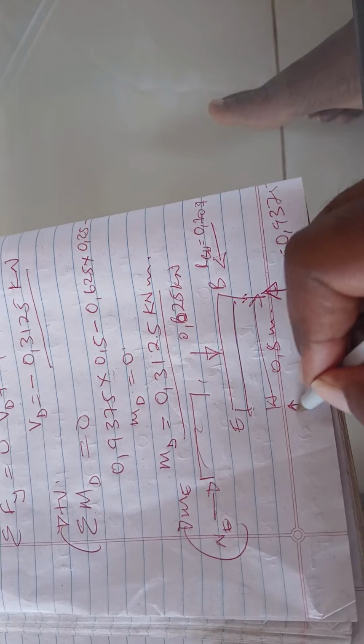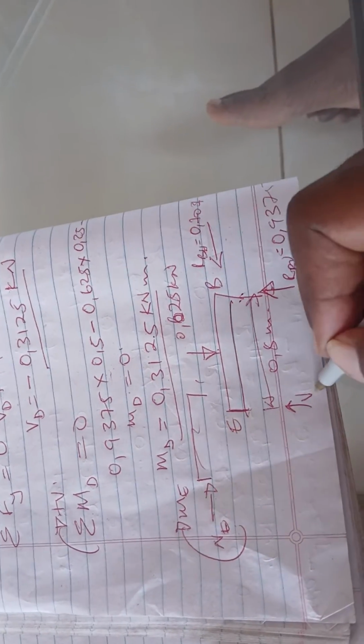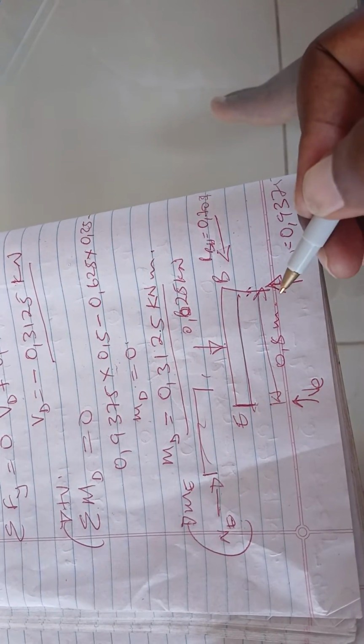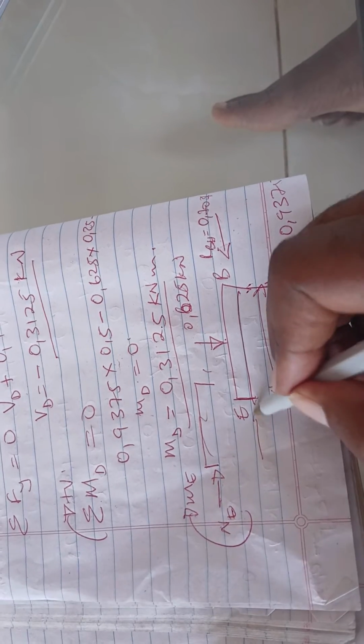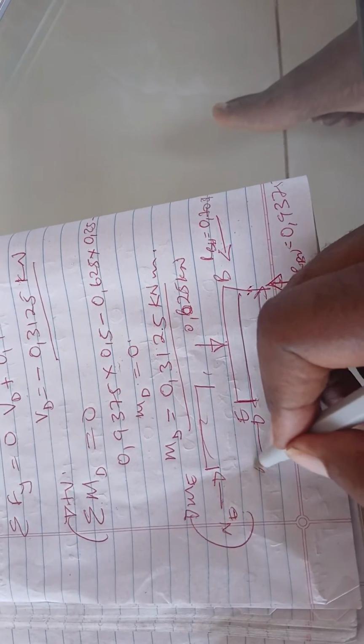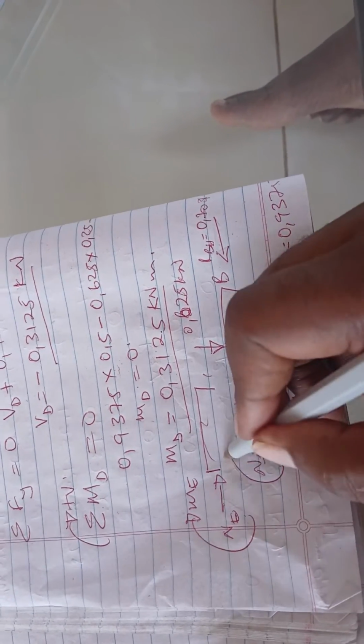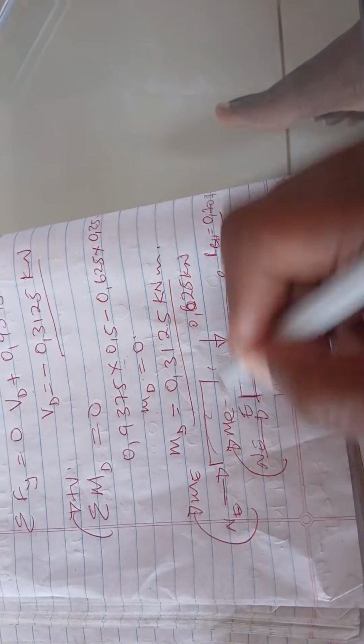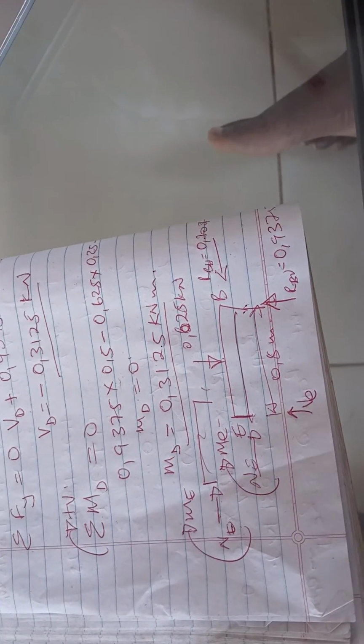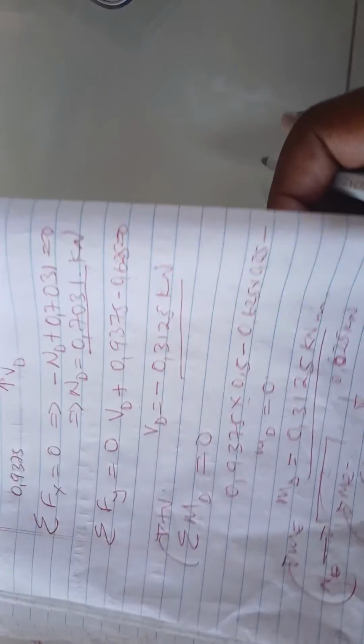Then here we now have our VE at that point. Our VE, we are yet to know it, and then we have our NE, we are yet to know it, and then we have our ME, which we are yet to determine. Let me flip over to the next page.